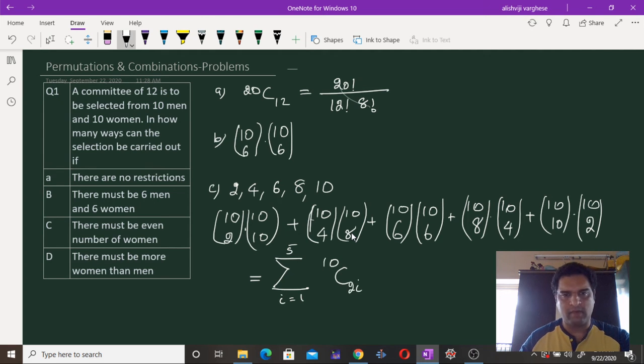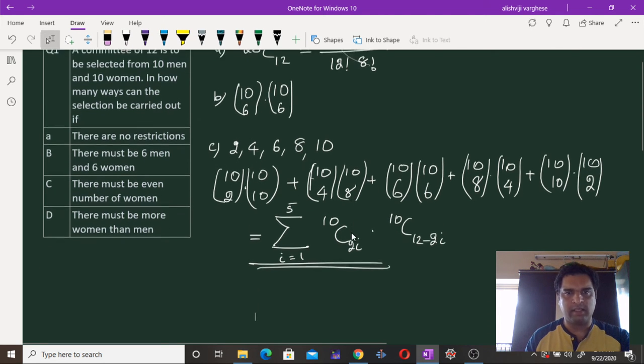When i is equal to 1 it is 2, then 4, then 6, 8. When i is equal to 5 it is 10, into 10C2. So this is a simple method by which we can represent the same.